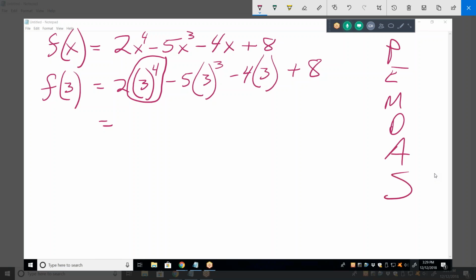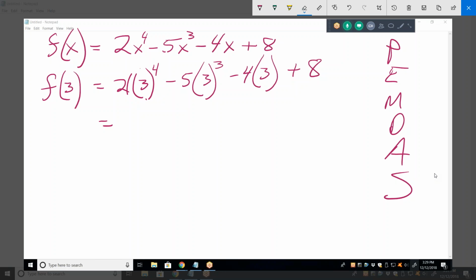That's parentheses first, exponents second, multiplication, division, addition, subtraction. So we want to do the exponents first. What is 3 to the 4th power?